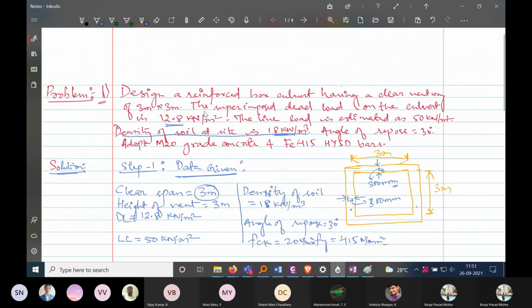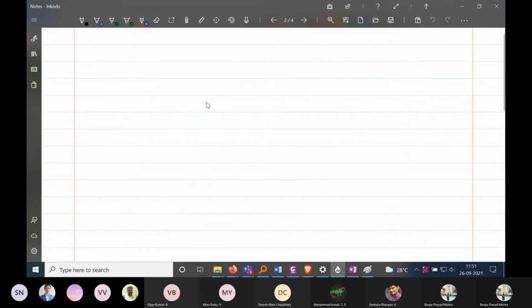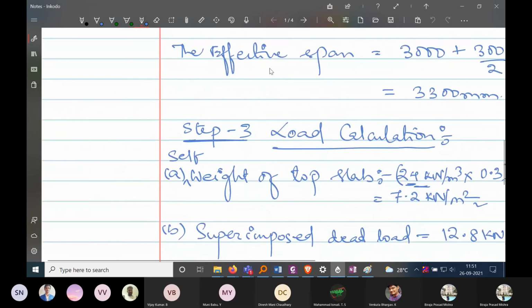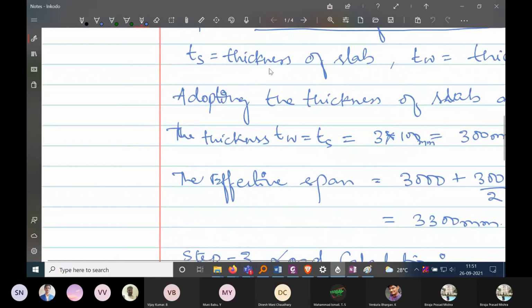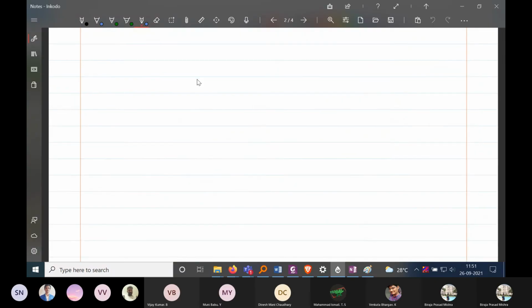I'll go to the next page, the second page. Here it was E, and it will be F there.